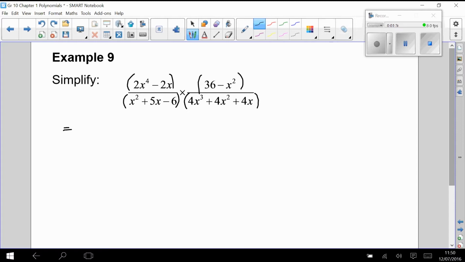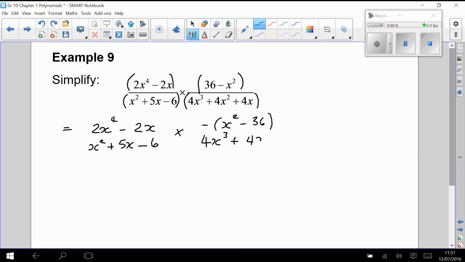The first fraction can be written exactly as it was because it was perfectly in a reducing degree of x, as was its denominator. Taking out a minus, I can now write the x squared first, and taking out the minus, the plus 36 becomes a minus 36. And the denominator of the second part remains as it was because it was already written in a reducing degree of x.